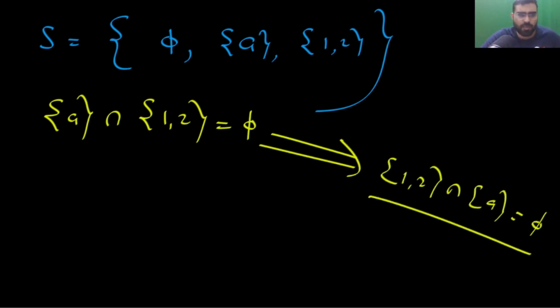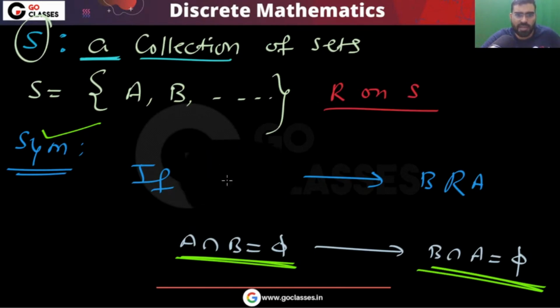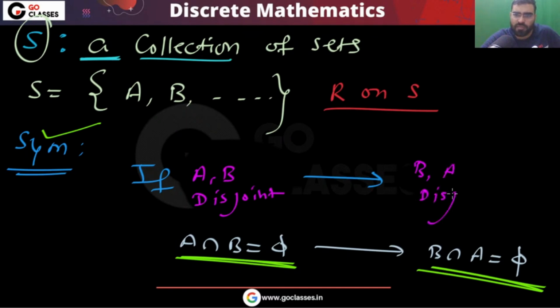So the symmetric property will always be satisfied. If A, B are disjoint, then B, A also will be disjoint, right? Definitely the symmetric property is always satisfied. Is this clear? Let me know.